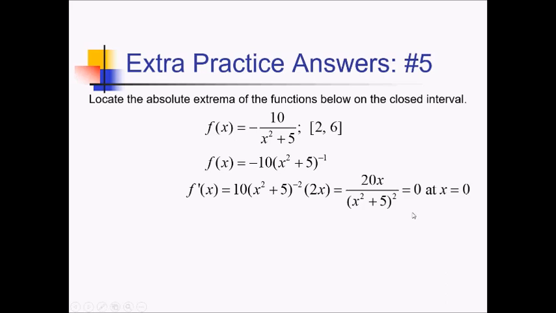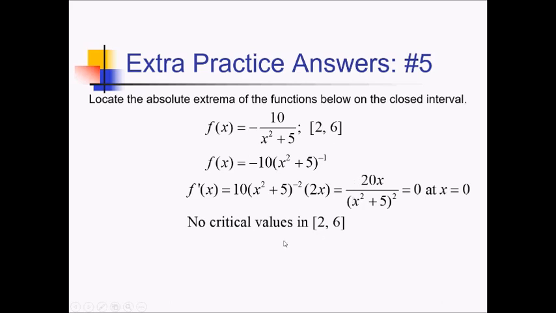And in terms of things that make the denominator 0, you've got x squared, which is always going to be 0 or positive, plus 5, so this denominator is never going to come out to 0. Now, the 0 that we just got, that critical value, is actually not on the interval from 2 to 6. So it turns out there are no critical values on our interval, which means the only two things we have to test are the two endpoints themselves.